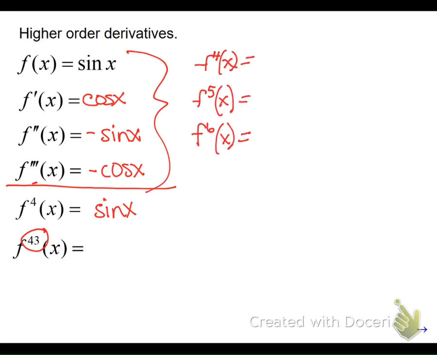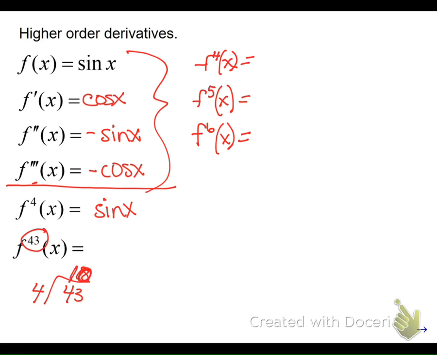Did you find a pattern to help you figure it out? First let's see if you guessed right. Since there are 4 different answers that will repeat, I'm going to divide 43 by 4. There's a remainder of 3, because 40 divided by 4 goes 10 times.